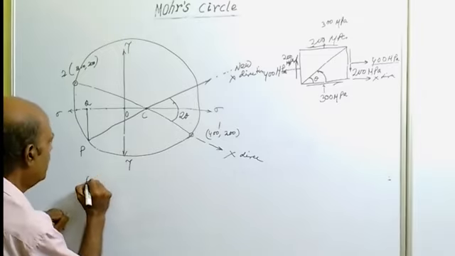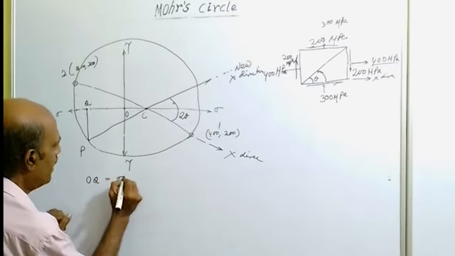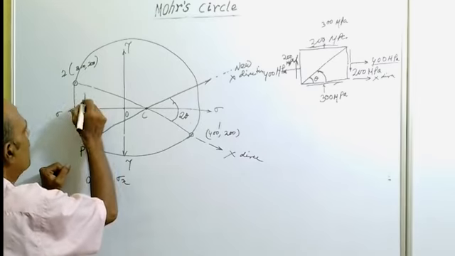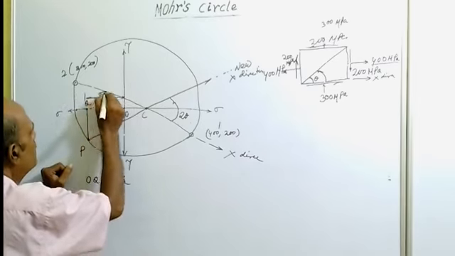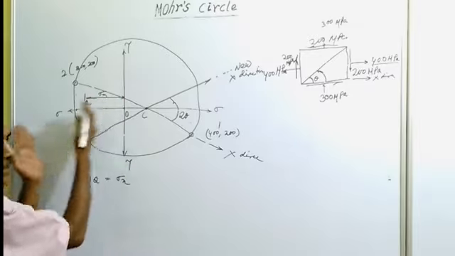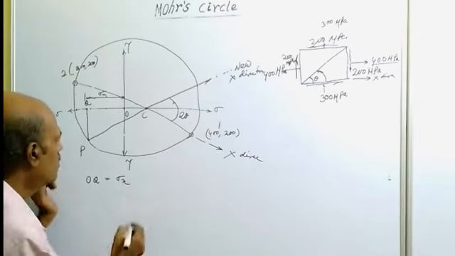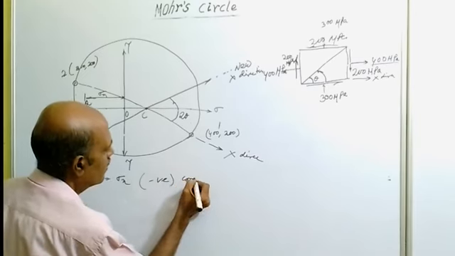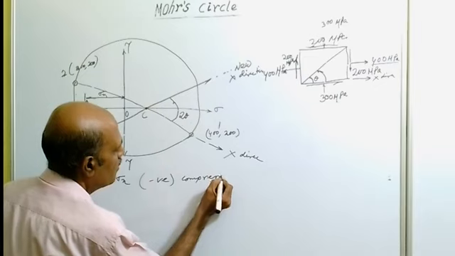Measure distance OQ, that will give you sigma n. O to Q, this distance will give you sigma n. As it is towards left side of origin, it will be negative, that means compressive. The sigma n value will be compressive.